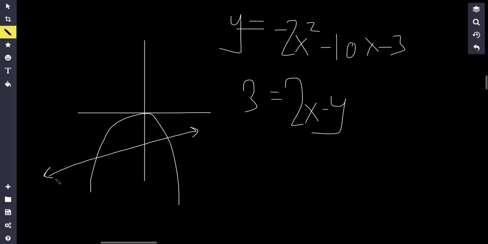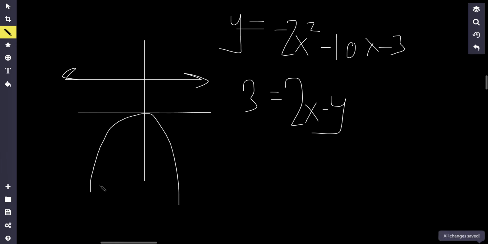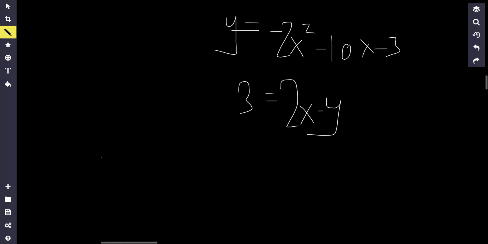I'm trying to find the intersection points between this quadratic equation and this line. It could potentially have two solutions, sometimes only one solution, and sometimes no solution if the line is up here and the parabola is down there. So there can be 3 scenarios.